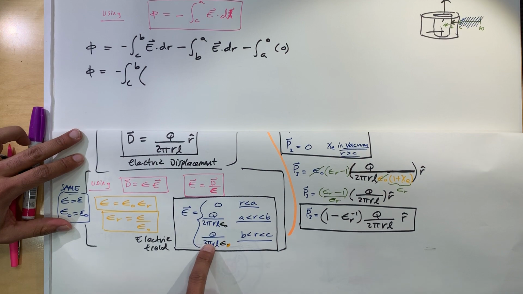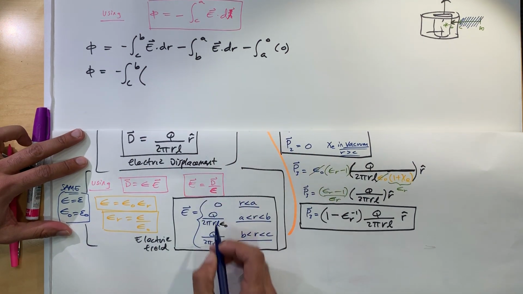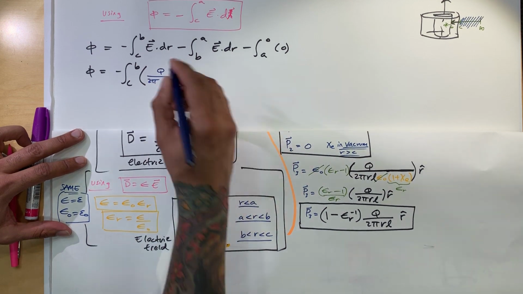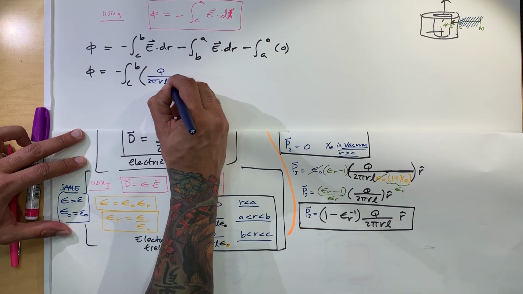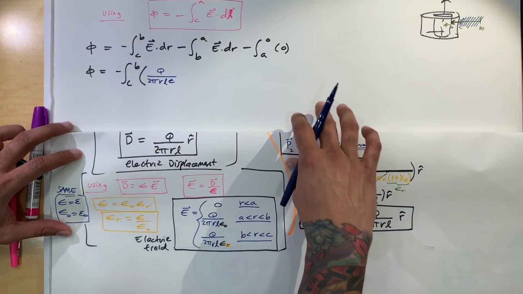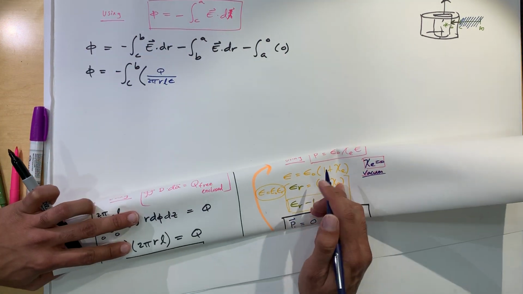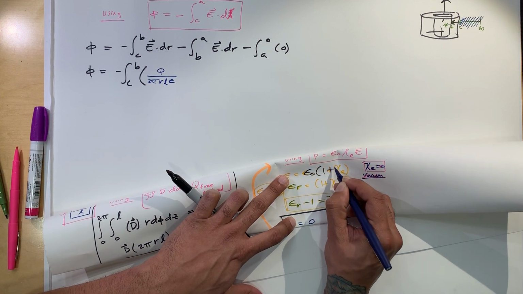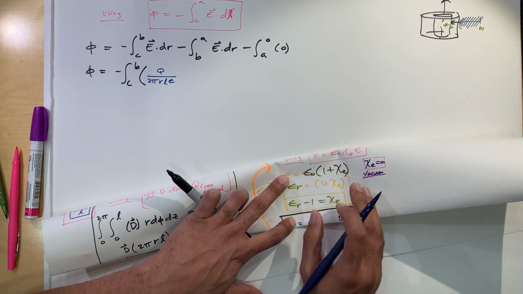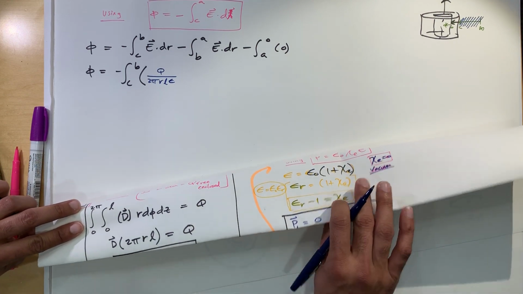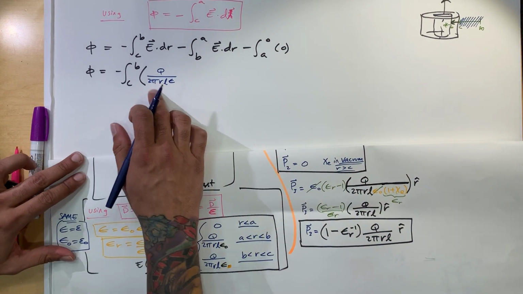I'm just gonna keep it as a general notation. So I'm gonna write Q over 2 pi RL epsilon, and that encompasses this formula, which tells us things about the inside of the dielectric. So I'm just writing the general notation here.